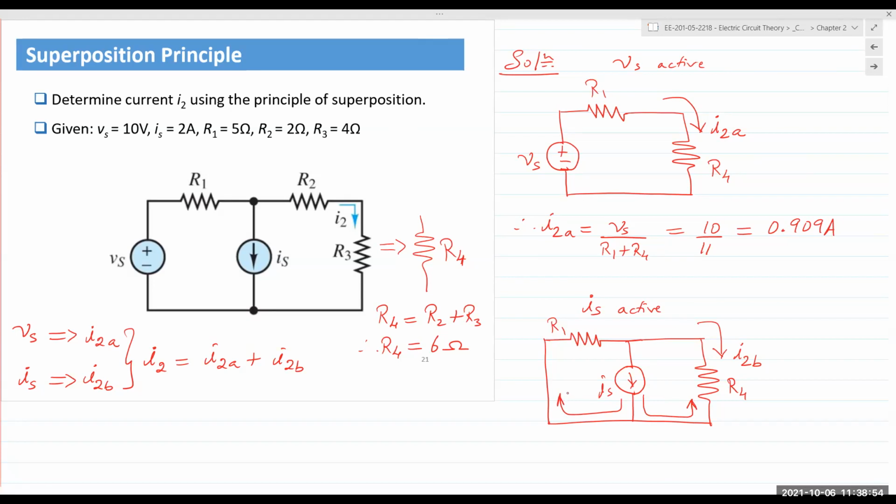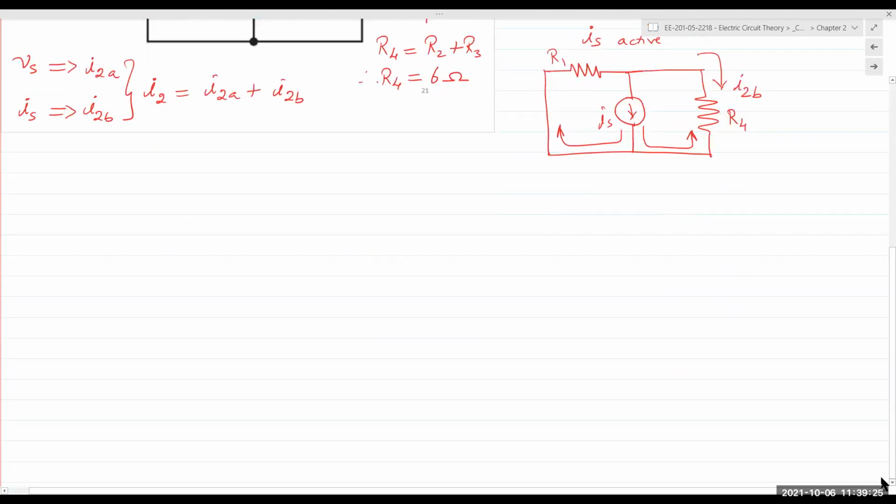So when we find the current going through R4, our reference direction originally asked of us in the problem is going down. It's opposite. So I2B is a fraction of IS. We can apply current division, find that value, but because it is the opposite direction, we put a minus sign in front of I2B.